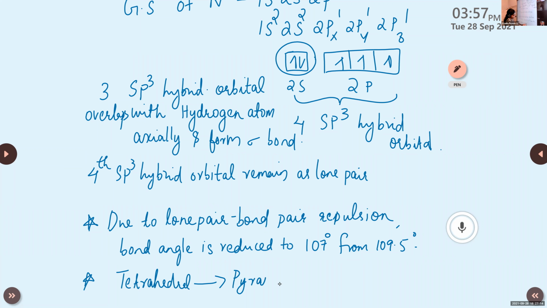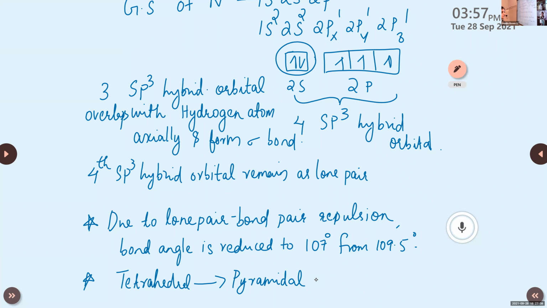The actual geometry for sp3 hybridization is tetrahedral with bond angle 109.5 degree. But due to the presence of a lone pair of electrons in the nitrogen atom, the bond angle is reduced to 107 degree and the geometry is changed from tetrahedral to pyramidal.